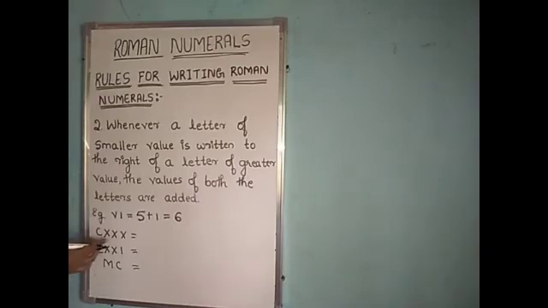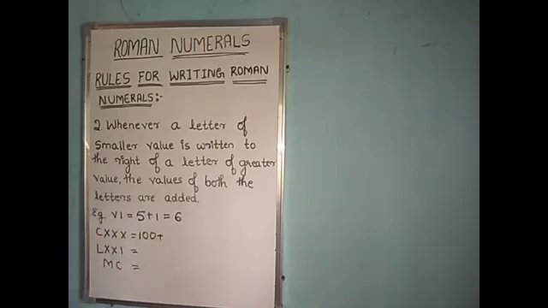Here, the letter of smaller value X is written to the right side of the letter of greater value C. So we have to add the numeric values of both the letters. What is the numeric value of C? The numeric value of C is 100.